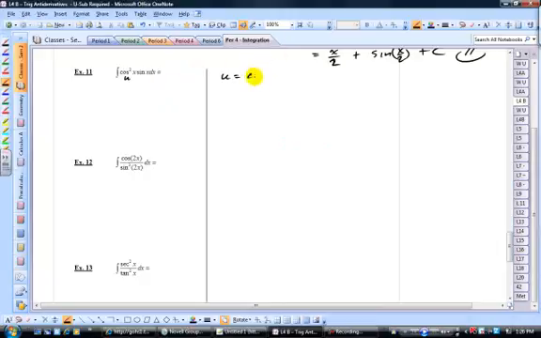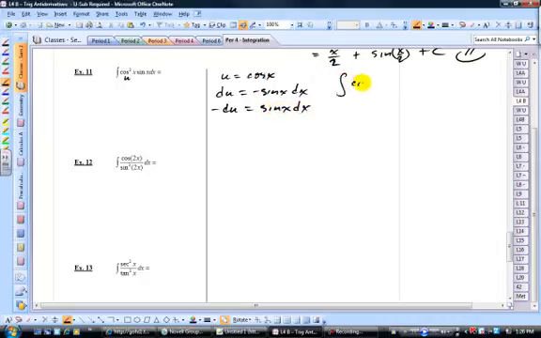I let u equal cosine x because I know the derivative is sitting right next to it. It's going to be negative sine. Don't worry about the negatives or positives, they can always be distributed out of the integral. I know that the derivative of cosine is negative sine, and sine is sitting right next to it, so this is a good choice. du is equal to negative sine x dx. I can rewrite that as negative du equals sine x dx.